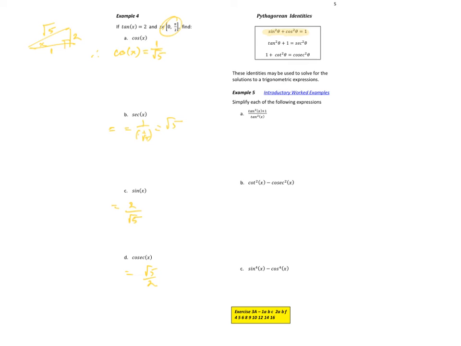Or if I divide everything by sine, sine over sine is 1, cos over sine is cot, 1 over sine is cosec. So it all comes from the same identity, all right? So tan squared x plus 1 is equal to sec squared x. So let's just maybe make it a bit bigger.